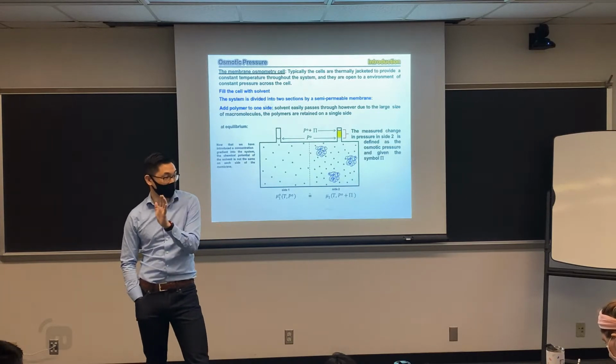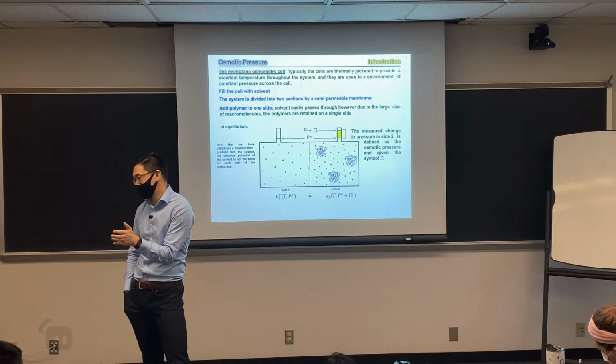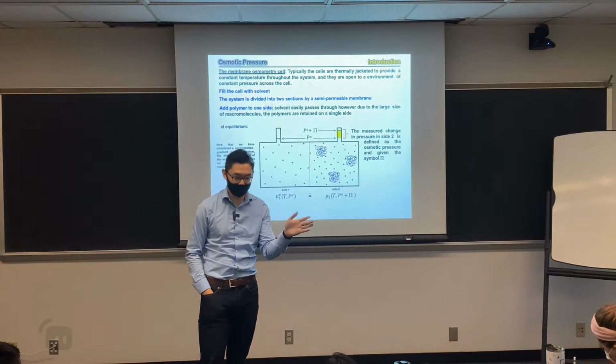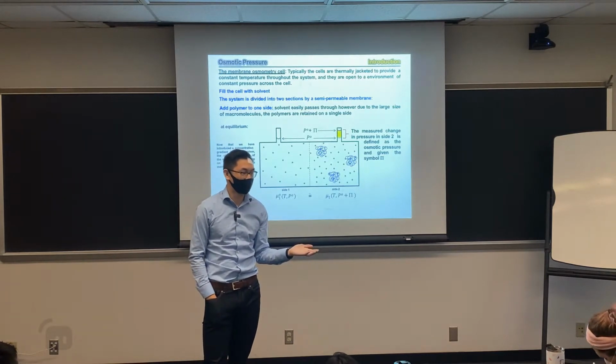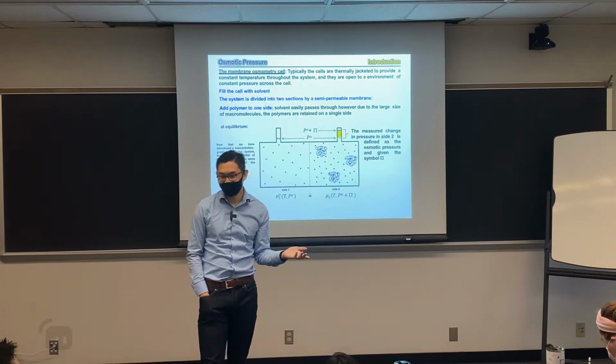I'll speak about the application first because that's easiest to understand. And I think we want to dedicate everybody's attention to the most important part. So what can osmotic pressure do for us? Any guess? Use it to check the number average molecular weight.